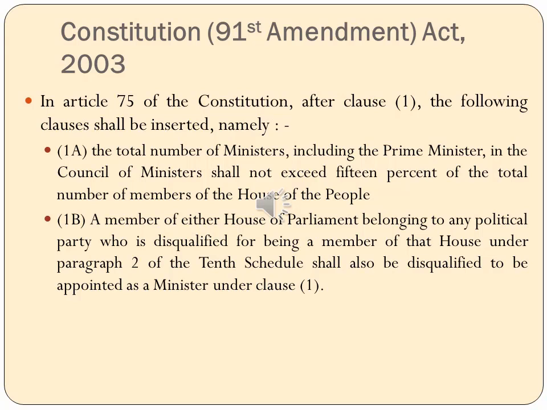So a member of the House of Parliament who is disqualified from the House under paragraph 2 of the 10th schedule will also be disqualified from the ministerial post. He cannot hold the post of minister if he is disqualified from either of the Houses, that is either from Lok Sabha or the Rajya Sabha.